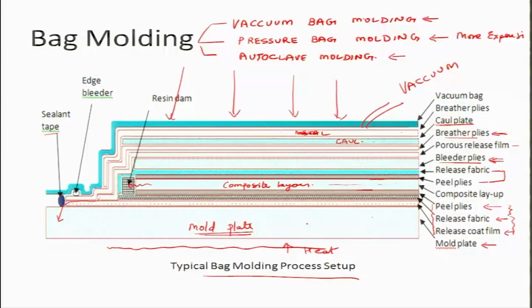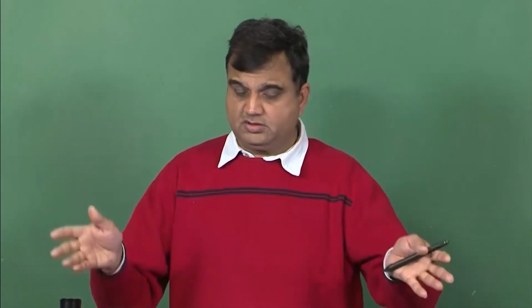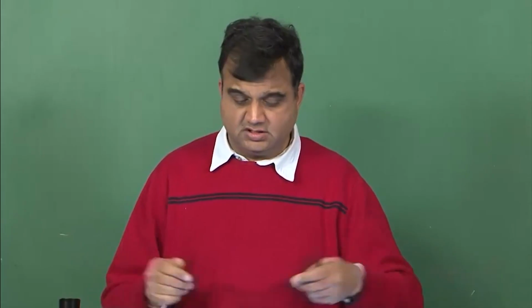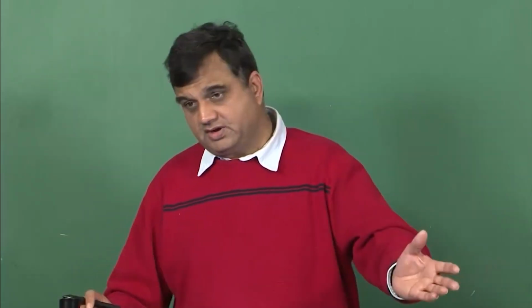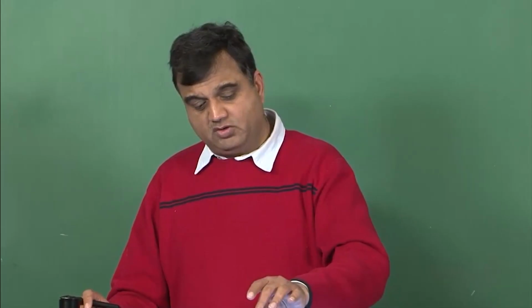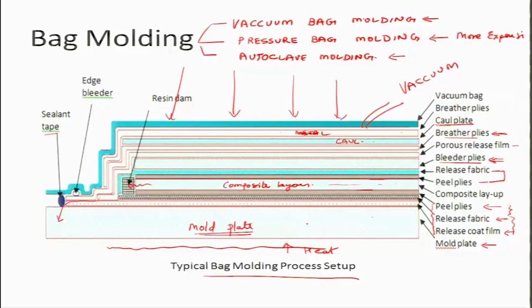So, you want to make a flat plate of some dimension, you have to make a tool of a particular size. You want to make a curved plate, you have to again make a different type of tool. But in vacuum bag molding and in autoclave molding, these specialized tools are not required. So, as a consequence, these are relatively less expensive. So, this is important to understand.